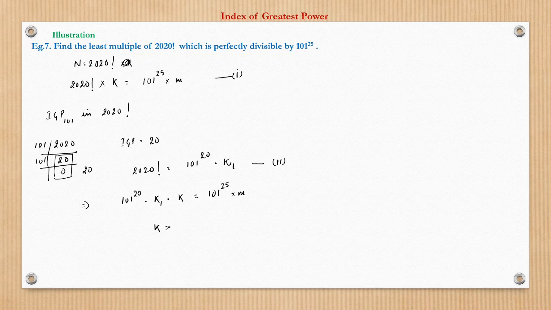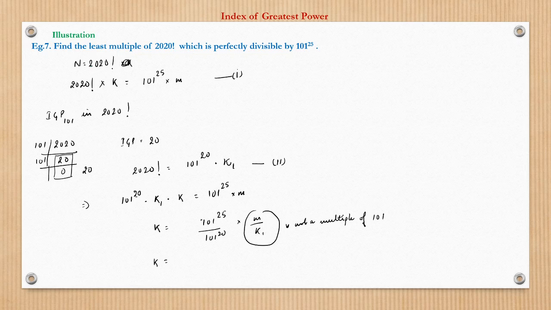So k would be nothing but 101 raised to power 25 by 101 raised to power 20 into some m by k1, which is not a multiple of 101, because all the powers of 101 we have taken out, right?